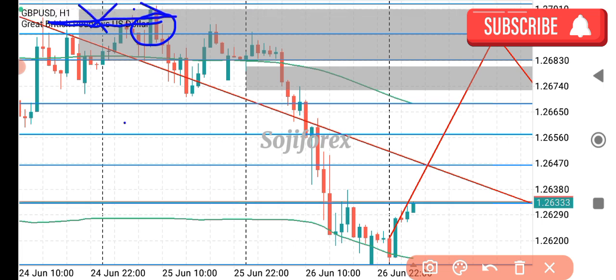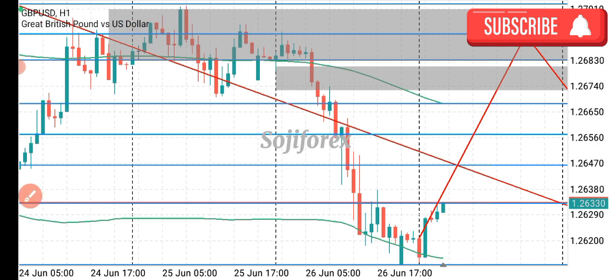So we are hoping that this will play out. This is the imbalance I am referring to. You can see it on that 1 hour. And since there is still some liquidity built up here, maybe price can move to take this liquidity and pull into that particular order block, and we are good to go.